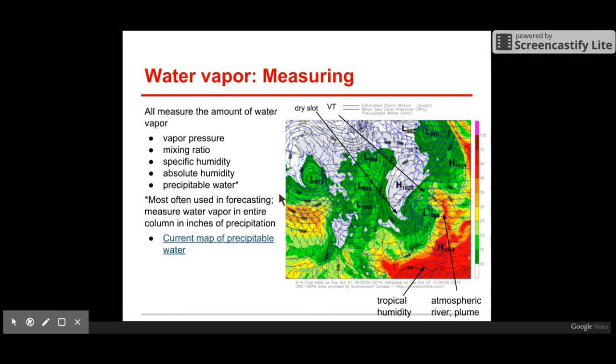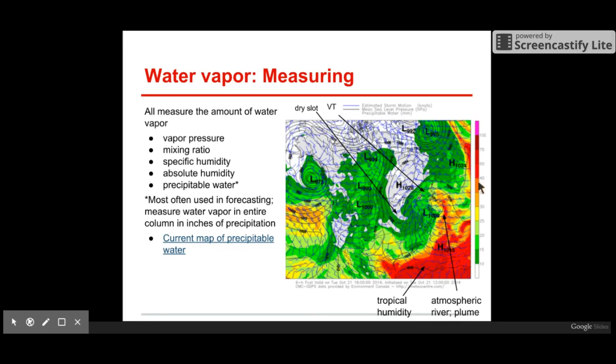Another quantity that can be used to measure the amount of water vapor in an air column is something called precipitable water. Precipitable water is measured in millimeters or inches and gives you the potential amount of rain that can fall in a given region.